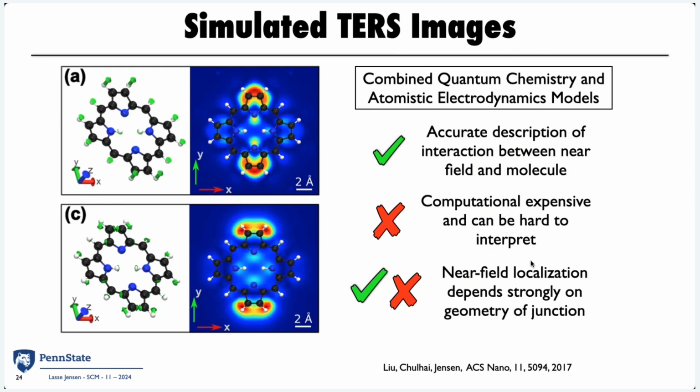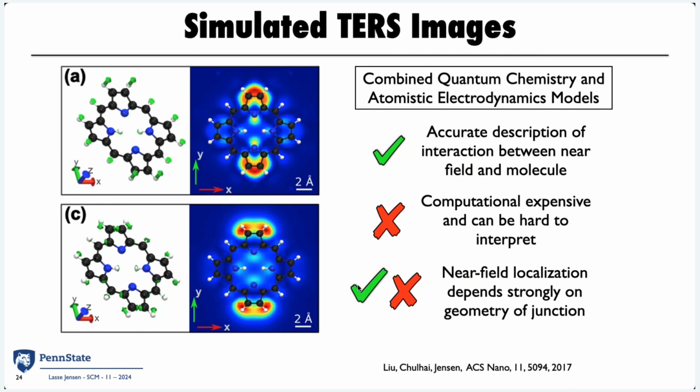The problem is that they're still very expensive. For each point on the scan, you have to calculate the surface-enhanced Raman. Typically, if you generate these types of images, we run 5,000 calculations per normal mode when calculating the Raman spectrum. So these are very, very expensive calculations, even taking into account that the nanoparticle is treated classically.